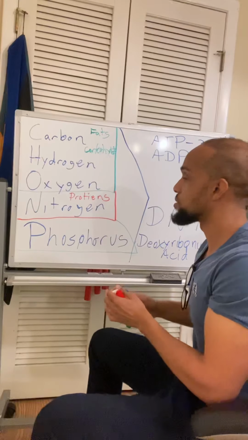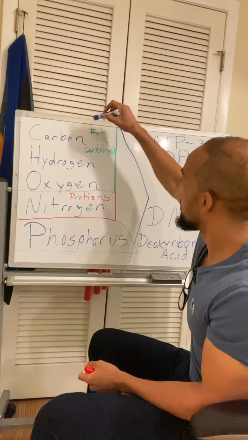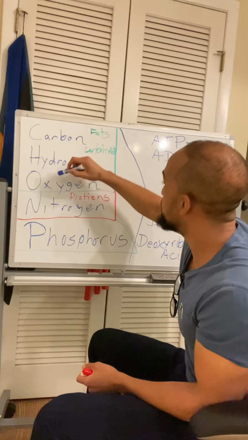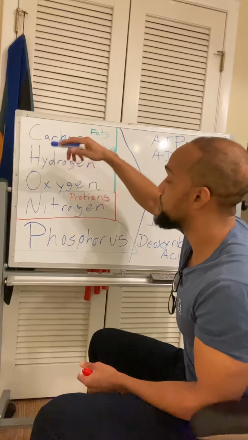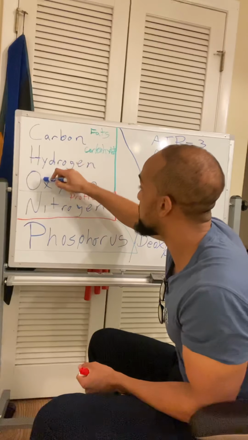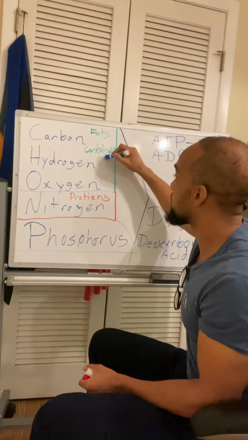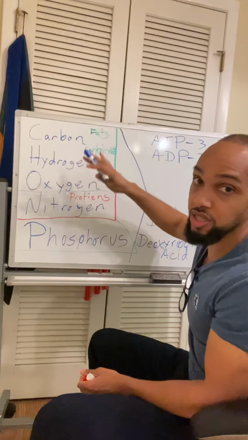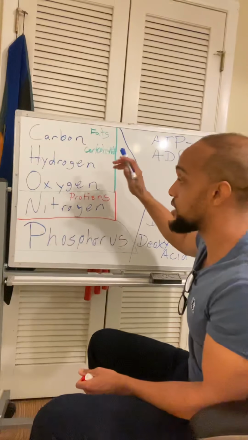So, to wrap this video up, carbon, hydrogen, and oxygen, depending on the chemical formula, a certain number of carbons, hydrogens, and oxygens is gonna yield you certain kinds of fats and certain kinds of carbohydrates. I'm gonna discuss the exact chemical formulas of those in another video.